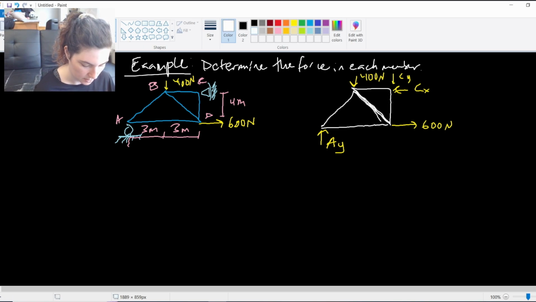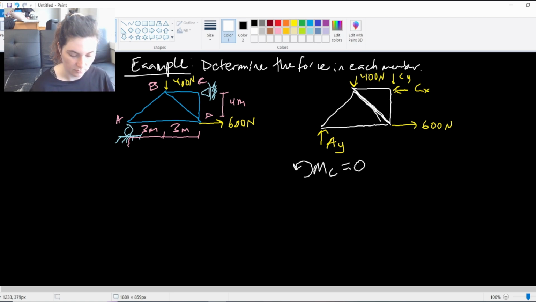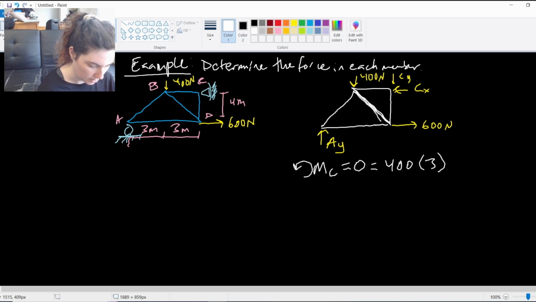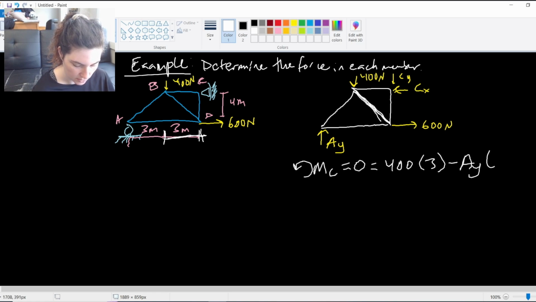So now that I have this, I'll apply my equilibrium equations to solve for each of those reactions. So I take a moment about point C. Again, you can take a moment about anywhere. This is just the easiest one to get rid of a lot of the forces, right? Get rid of the unknown C forces. I'm going to have my 400 Newton force times the 3 meter distance away, minus AY, because it is going clockwise around C, times the 6 meter distance away.